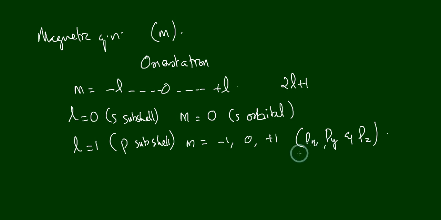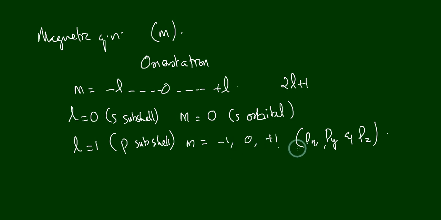You may not understand that now, because we will be taking combinations of these to generate two orbitals, and you can learn that when you learn quantum mechanics in depth. I just wanted to say that you should not misunderstand that minus 1 represents px, plus 1 represents py and 0 represents pz. It is not like that.